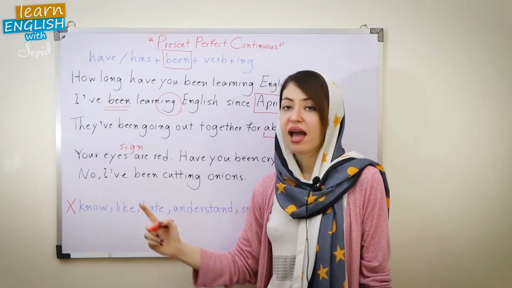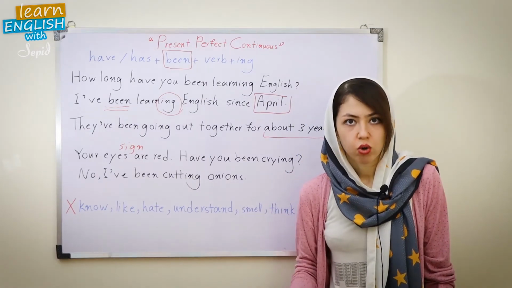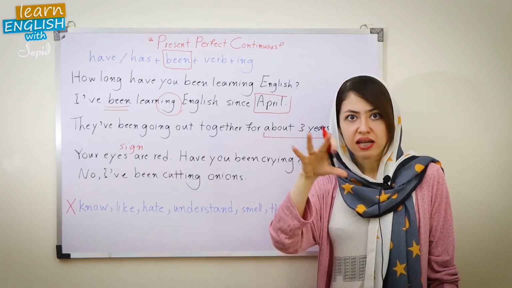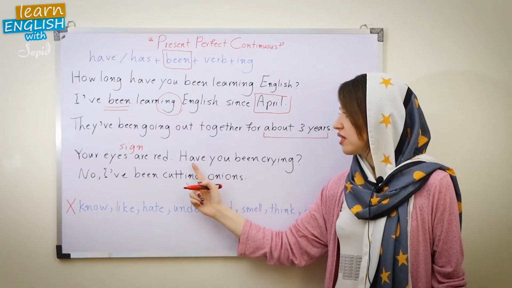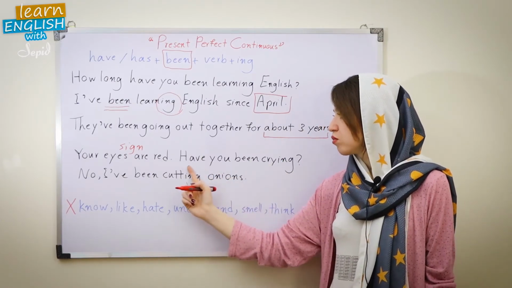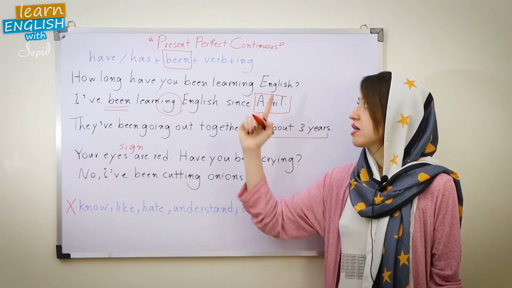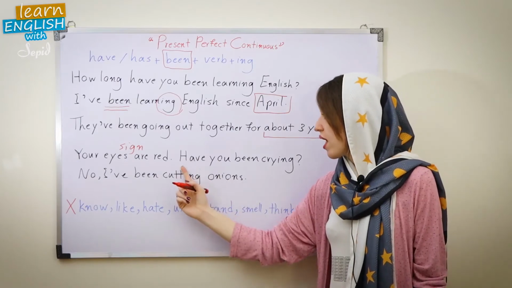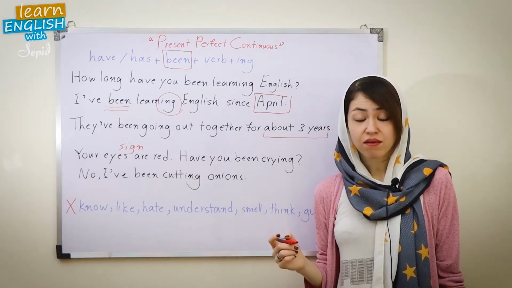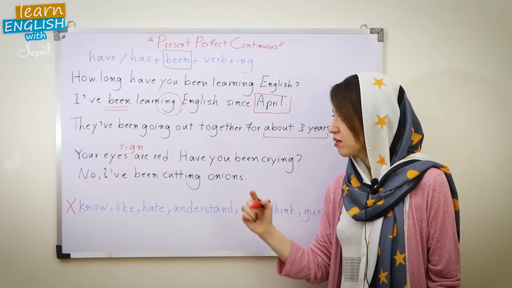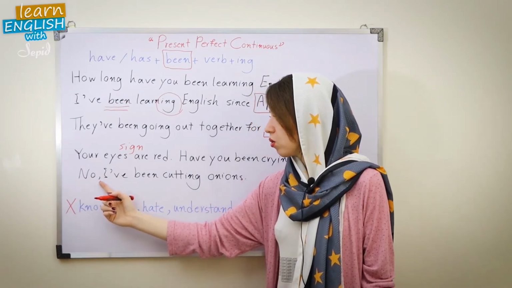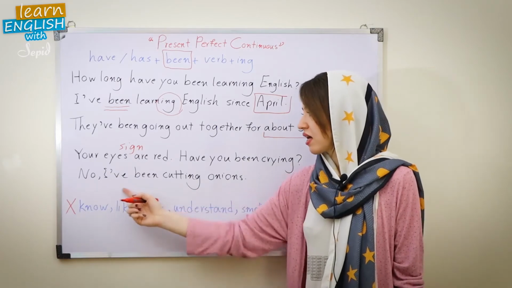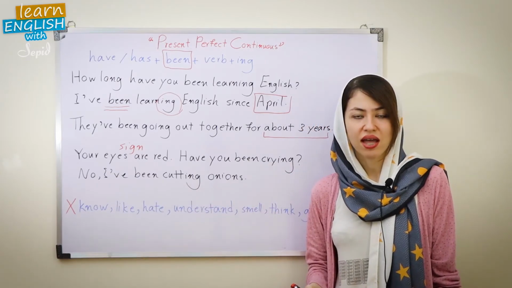If there is a sign somewhere, on somebody's face or in a place, the question that pops into your mind must be in present perfect continuous tense. So, have you been crying? Have you been crying? That person answers, no, I've been cutting onions. I've been cutting onions, okay?